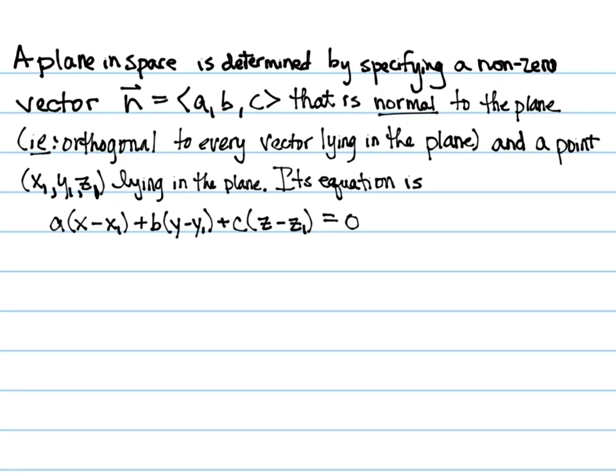Or one more form of it is ax plus by plus cz plus d equals 0, where d collects all of the other constant terms. This is an equation of a plane. Is that also the standard form, like the parametric form? Yeah, basically. I think the second one is what they call the standard form of a plane.